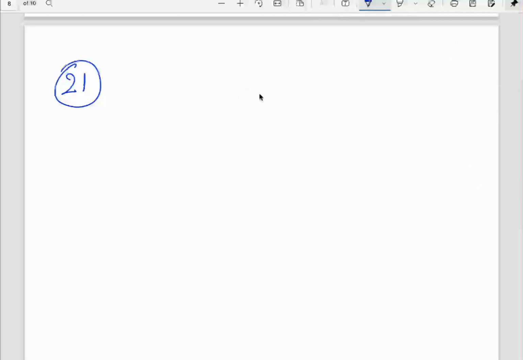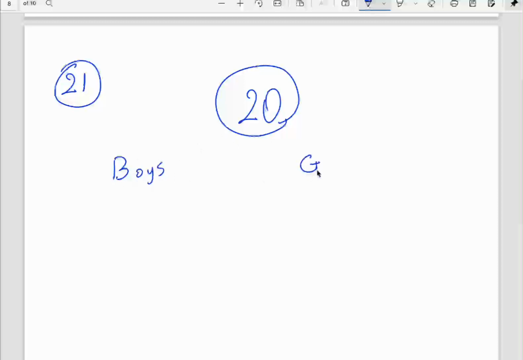I will write here 20 as the total. This is the total number of the students in the class. And I will divide it to boys and girls. Okay, go ahead, Rida. What is the percent of boys?